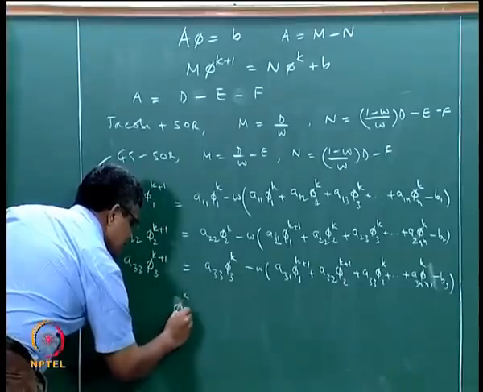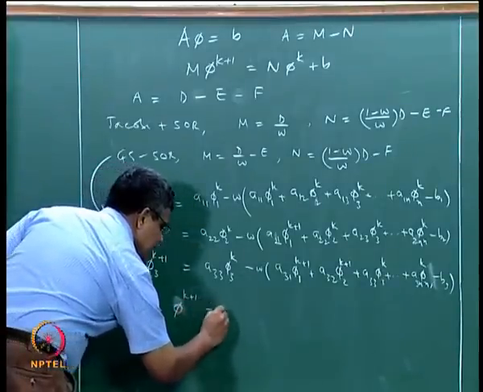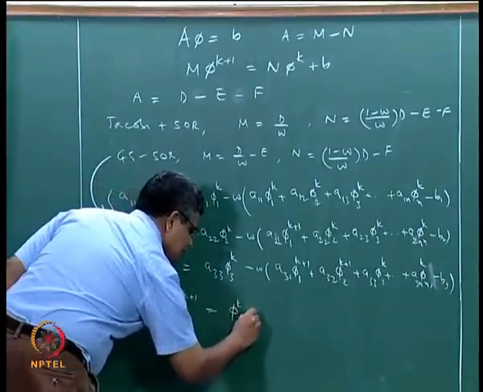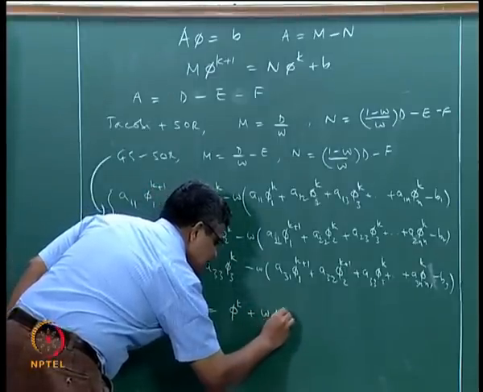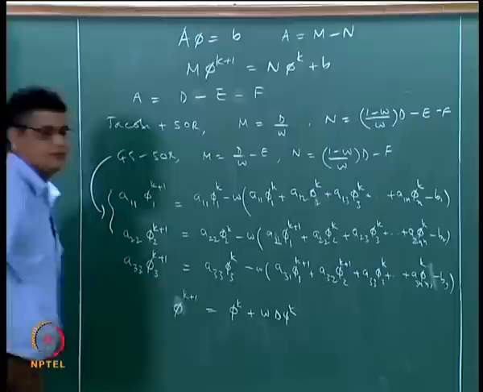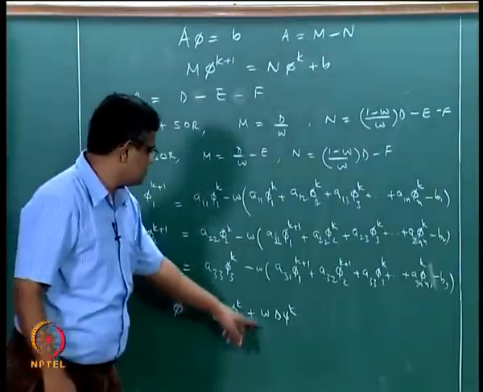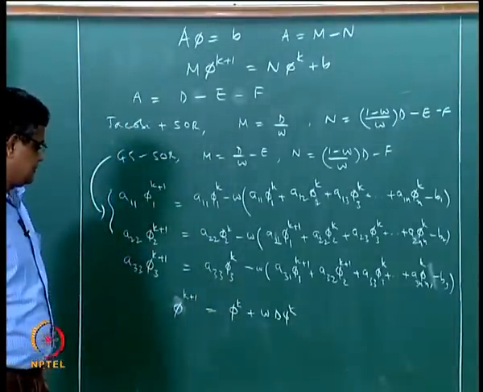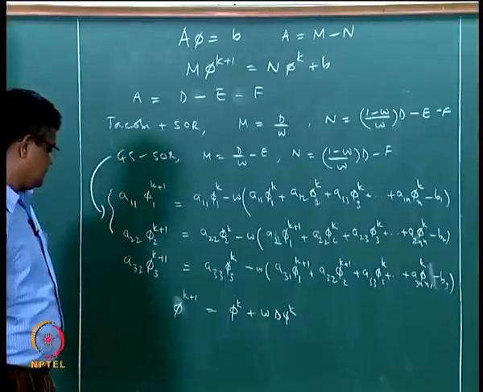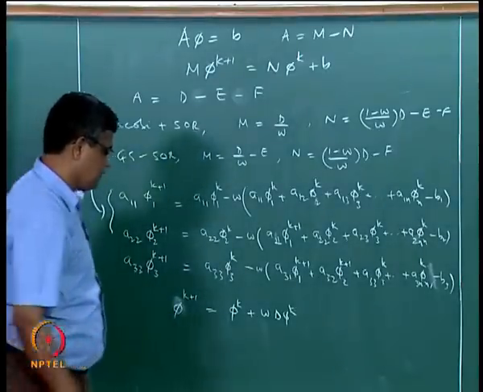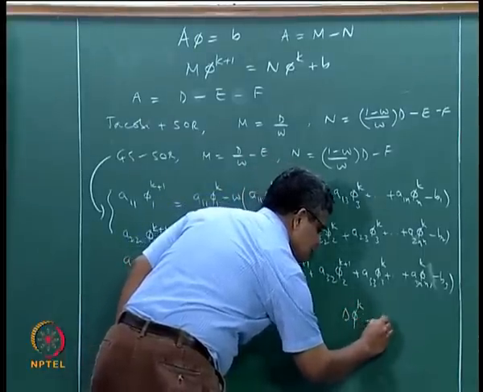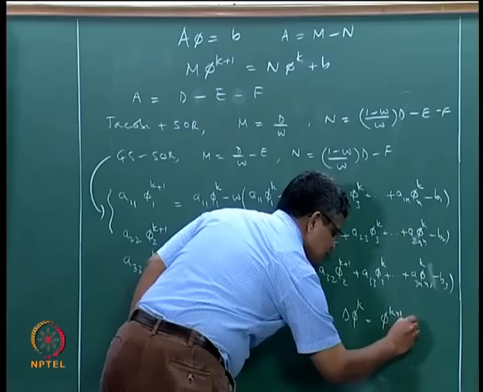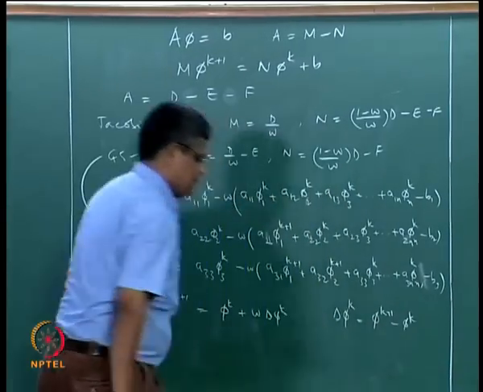Now, we have also said that in an SOR method we write phi k plus 1 equal to phi k plus omega times delta phi k, and this is actually the form that we have used here, and we know that delta phi k is equal to phi k plus 1 minus phi k.